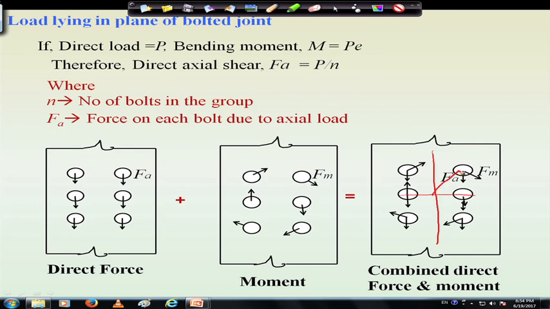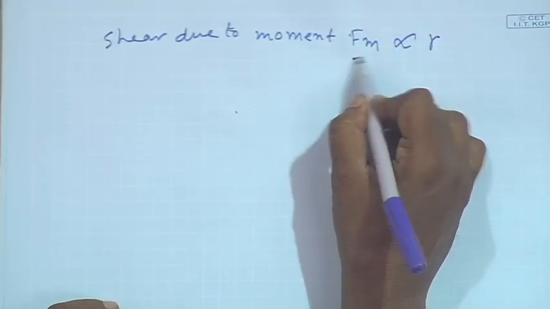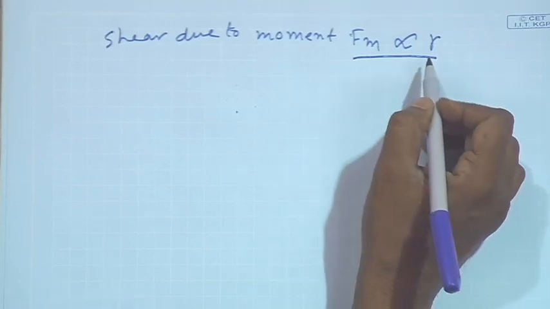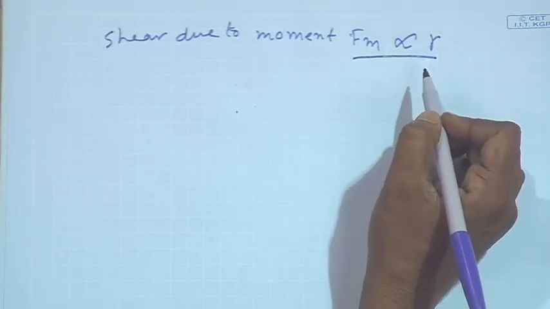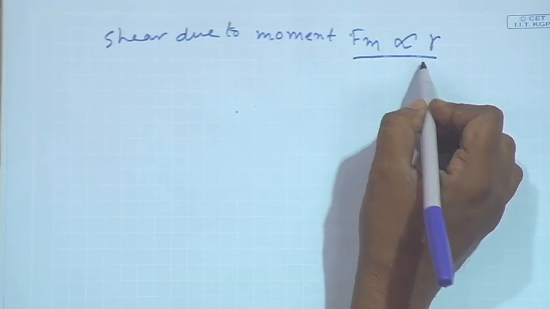So, it is varying with its distance. Fm will be more because its distance is more, but Fm will be less in this direction in this bolt. So, it varies with the distance. So, we can write Fm varies as r, where r is the radial distance of the bolts from the CG of the group.